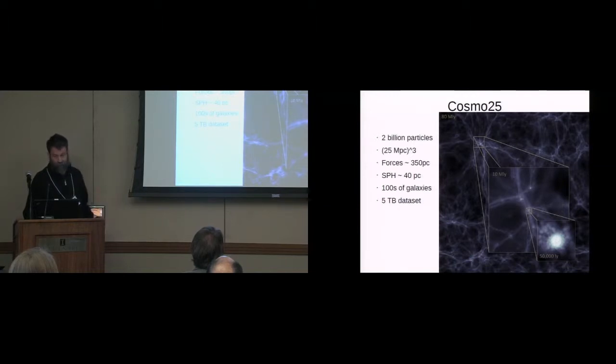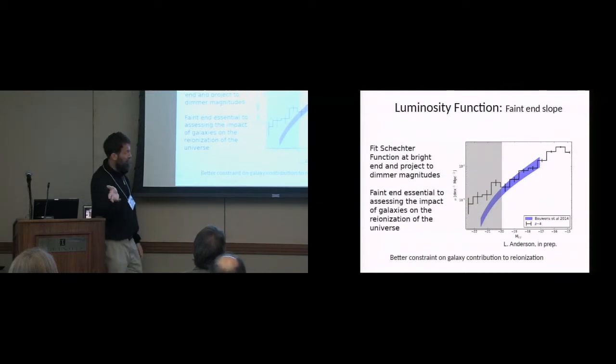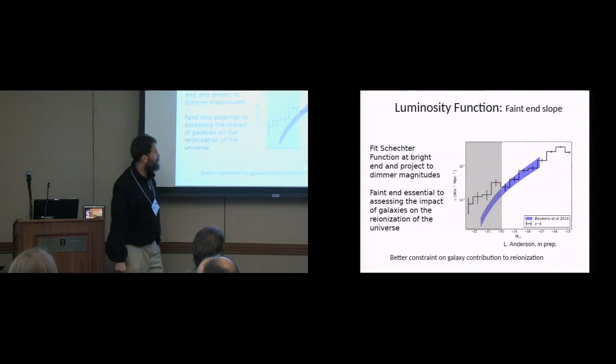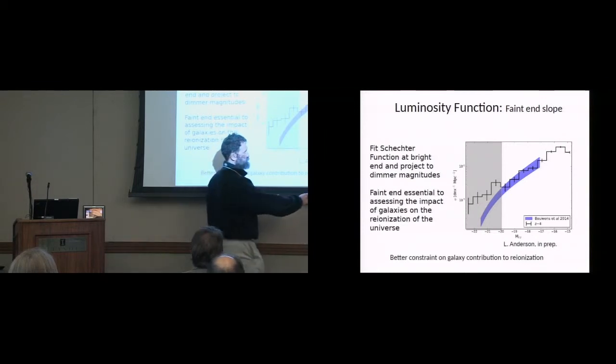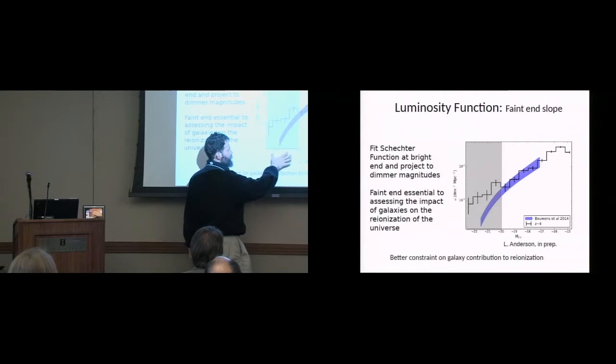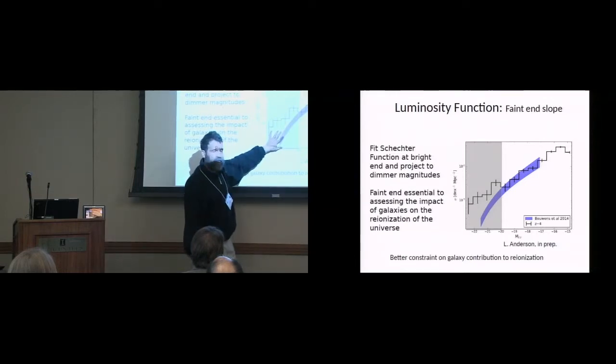We've just finished. Lauren Anderson, who's here, has been analyzing this simulation, comparing the luminosity function of galaxies. So this is, again, an astronomer thing, so it's backwards. Bright galaxies are over here, dim galaxies are over there. Here are observations from HST data. The gray area is where we have to think a little harder about radiative transfer.